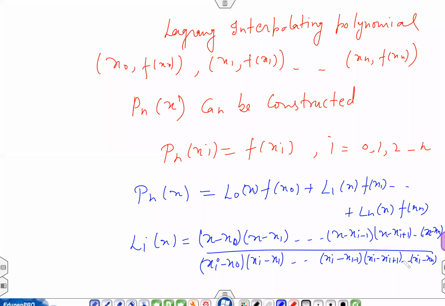So this is the Lagrange polynomial, where i equals 0, 1, 2 up to n. All these L0, L1, Ln can be computed with the help of this formula. Okay.